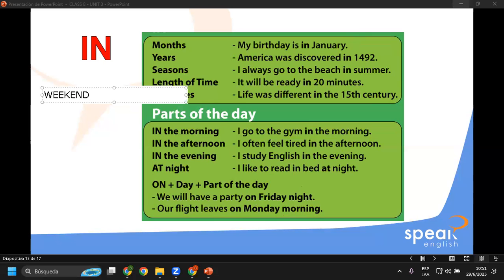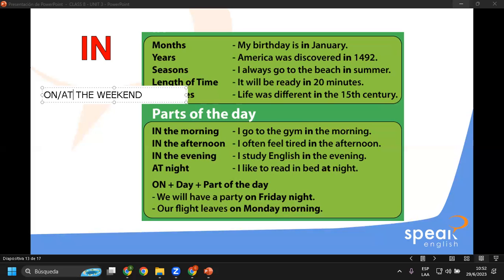How about, guys, if I'm talking about the weekend? Can I say on the weekend, in the weekend, or at the weekend? On the weekend. Why do you think that is "on"? Or "at," because it's a period, a specific time. Now, pay attention here. Basically, guys, we can use both, okay?